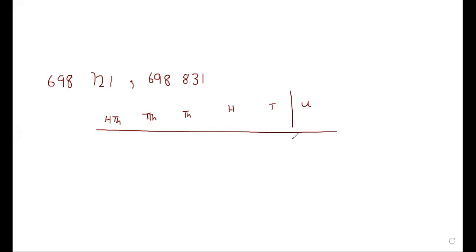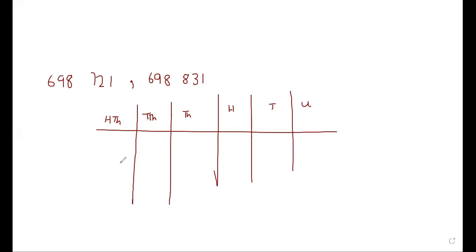This is my place value chart paper. I'm going to write the first value in it, starting from the right side. So I'm going to write 1 under the unit.